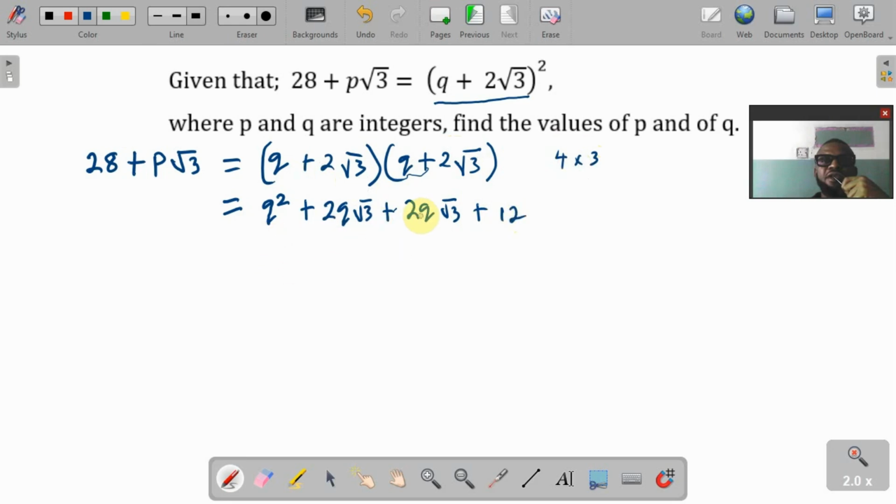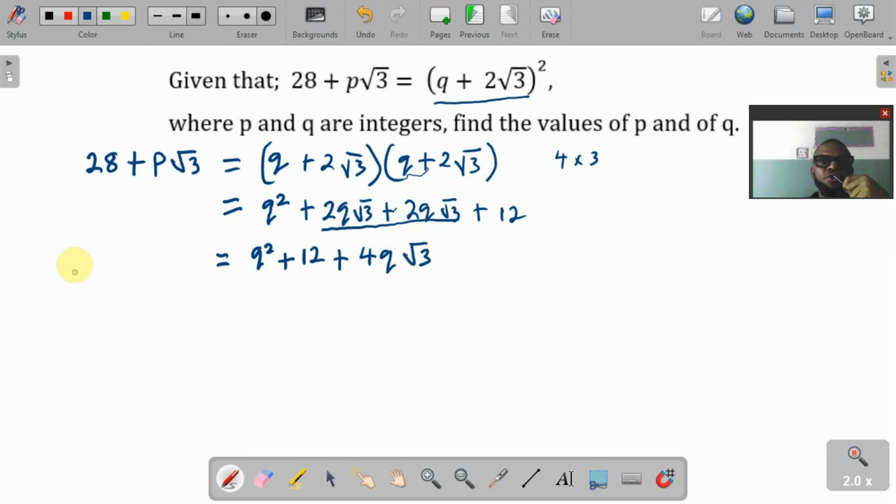Now this expression can be grouped into two. One without surd, that is Q squared plus 12. It has no surd in it. Then these are like terms, the ones that have surd. So 2Q plus 2Q will give us 4Q, 4Q√3.